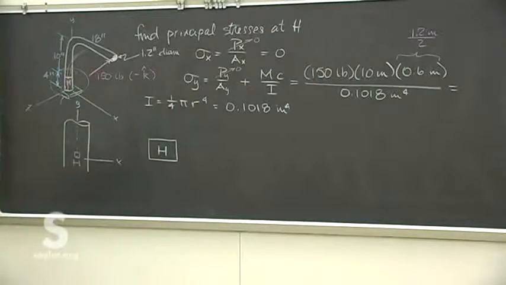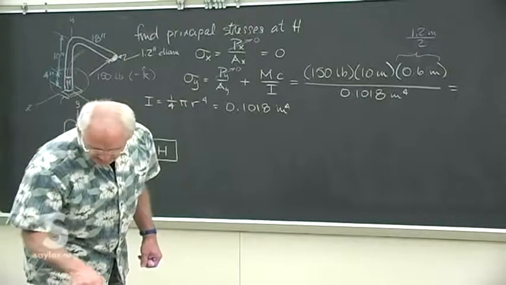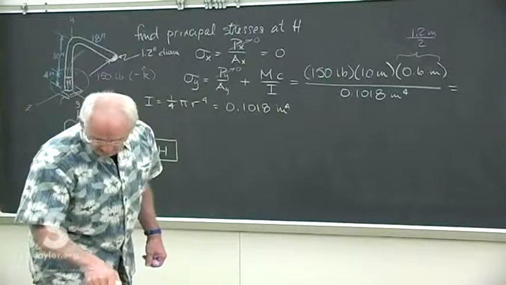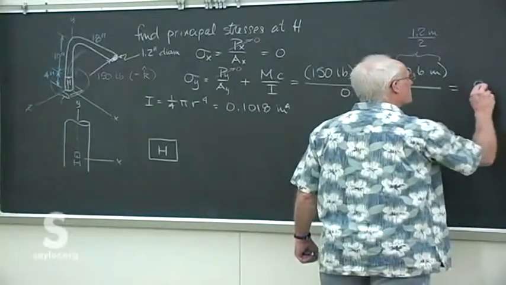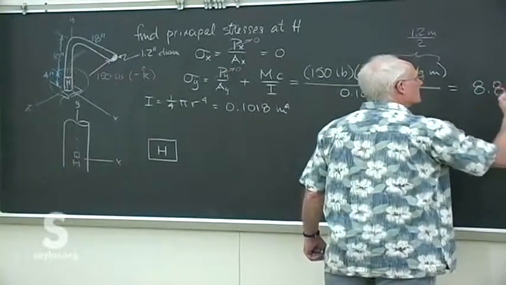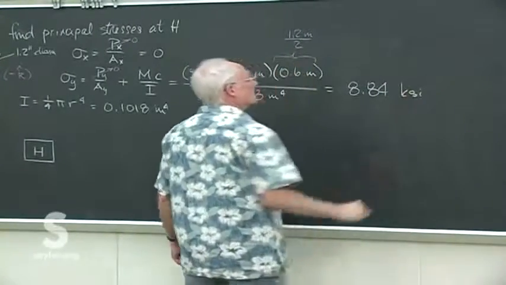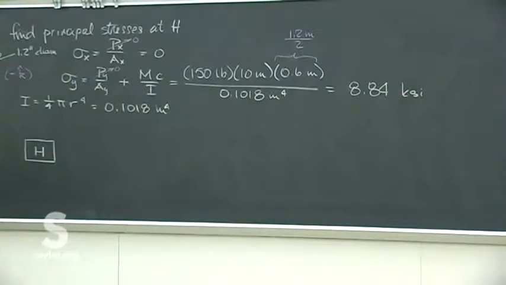All right, no y direction load to do any normal stress, just purely bending stress there. All that number, and we know it's going to be in tension, so we know this is positive. So we get 8.84 KSI.